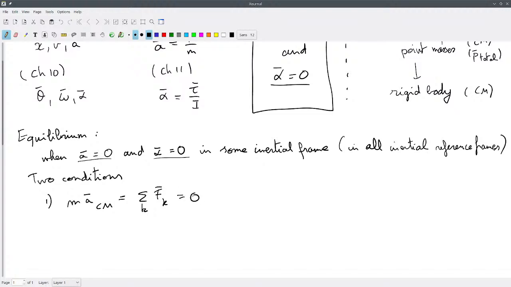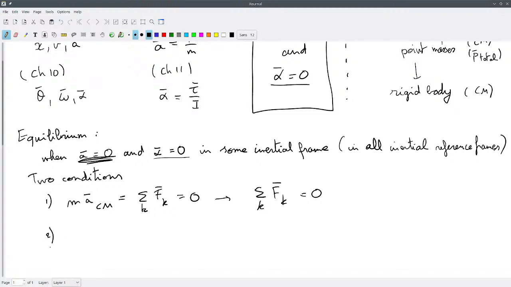If that linear acceleration is 0, then of course the sum of all of the forces on the object will have to be 0. So that's the first condition for static equilibrium.